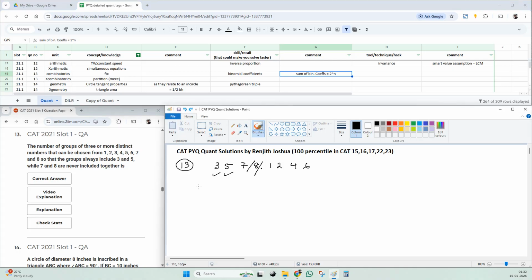Because of the ambiguity about 7 or 8, there are 2 different things that can happen. One is that you are not taking anything from them. The other is you are taking one of the 2. So that's 2 cases, and these 2 cases will play out differently. Case 1, select either 7 or 8.